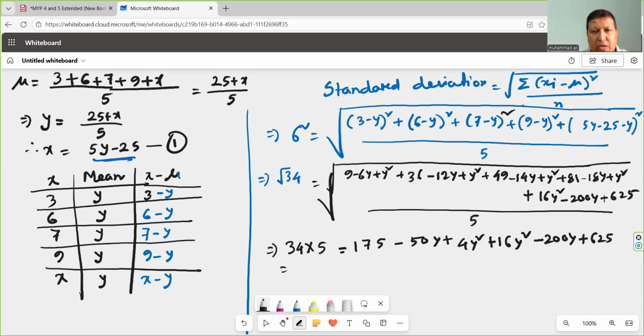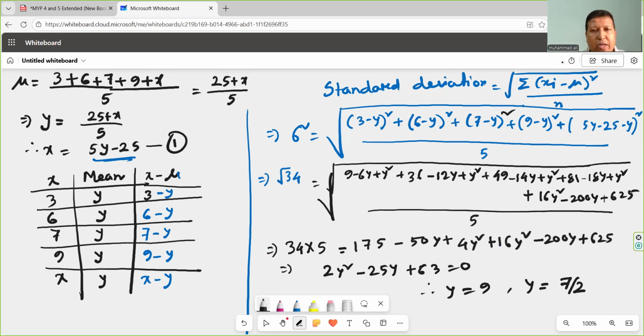Taking all the terms to one side and simplifying, we get 2y squared minus 25y plus 63 equals 0. If we factorize, we get y equals 9 and y equals 7 by 2.